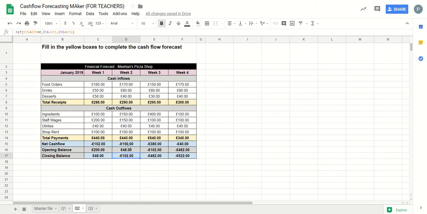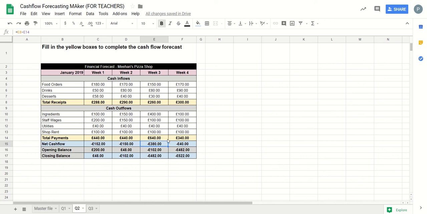And it would be the same there then again. So you're taking 150 because that's the net cash flow. That's the difference between the total receipts and the total payments. You're taking that 150 away from 48, and that makes minus 102. And I'm doing really badly then. If you look again, my net cash flow is minus 380 in this month. I'm spending way more than I'm actually making.